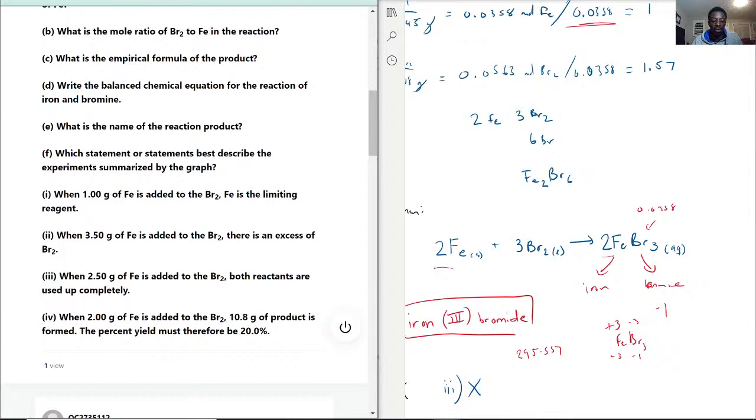So somehow they got more product formed than even possible.